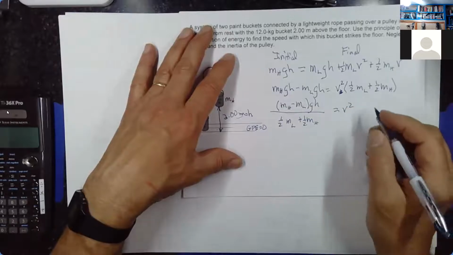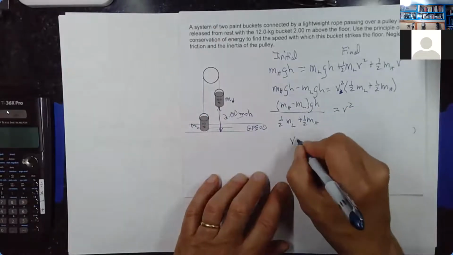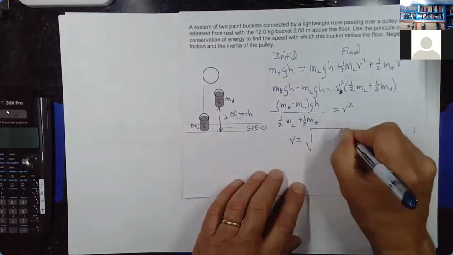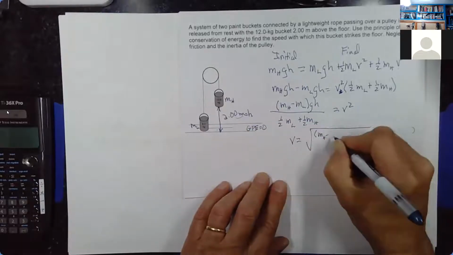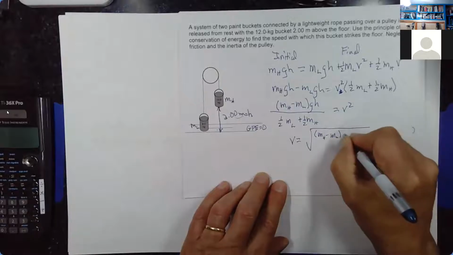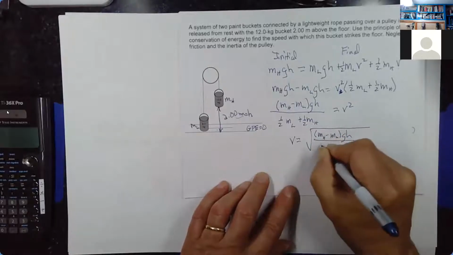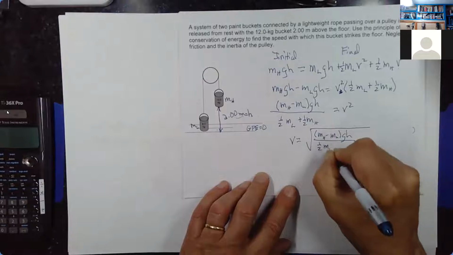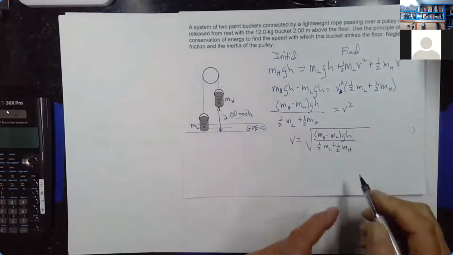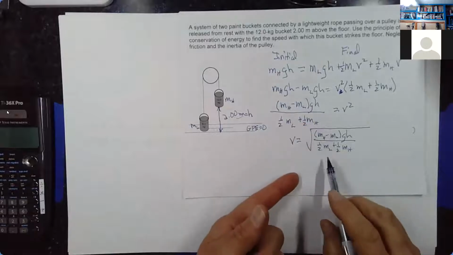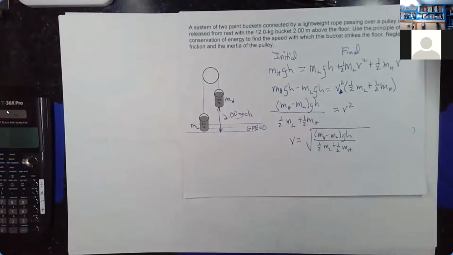So then V, when it hits the floor, is going to equal the square root of M sub H minus M sub L times GH, over 1/2 M sub L plus 1/2 M sub H. I guess I could multiply top and bottom by 2 and get something like that anyway. But there's my expression for the speed with which the bucket strikes the floor.